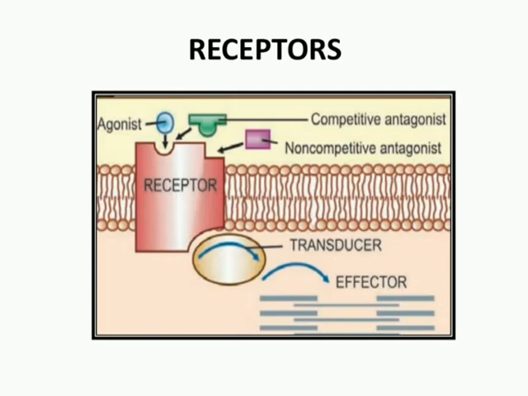Agonist and antagonist, in case of a competitive antagonist, both compete for the space. Whoever reaches the receptor first will produce the effect. So when an agonist binds to the receptor, then the effect will be produced, and if a competitive antagonist combines to the receptor, no effect will be produced.